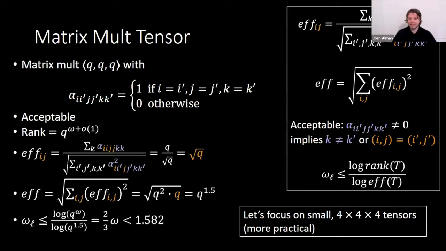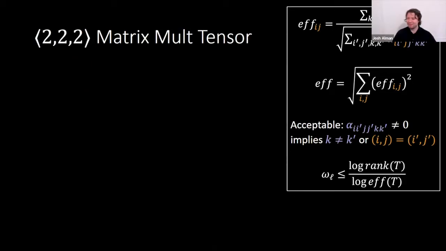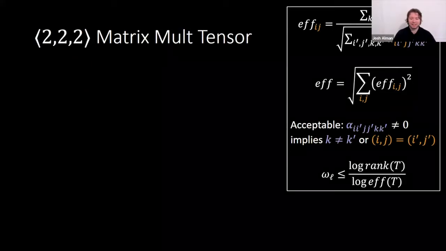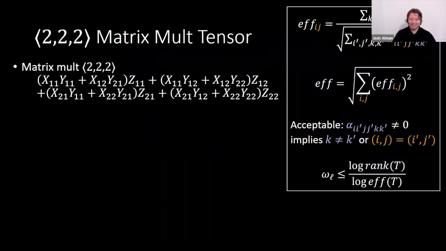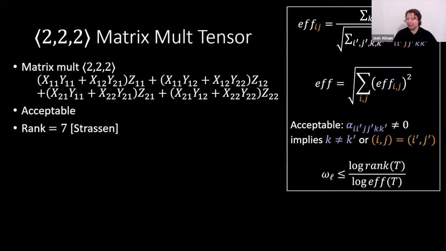Okay, so let me start just to make our baseline to compare with, with the 2 by 2 by 2 matrix multiplication tensor. So here it is, the tensor we all know and love. It has these 8 terms. It's acceptable just like before, all the calculations are the same as before. Its rank is 7 by Strassen's bound.